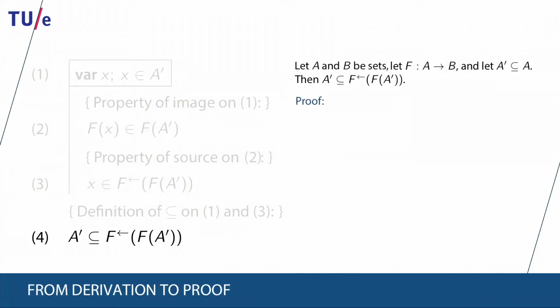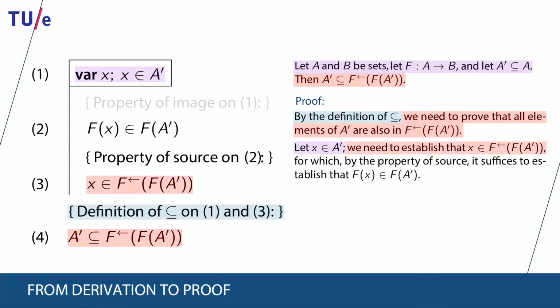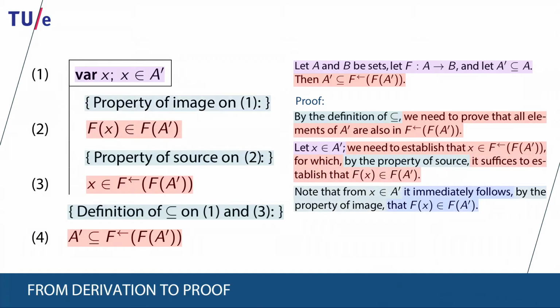Let's transform our derivation into a proof. Recall that the statement to be proved starts with a declaration of sets A and B, a mapping F from A to B, and a subset A' of A. The goal is then to show that A' is a subset of the source of the image of A' under F. In backward reasoning mode, first the definition of subset is applied, yielding the declaration of some x in A' for which it should then be established that it is in the source of the image of A' under F. The goal is then transformed using the property of source, and then the proof can be finished with an application of the property of image.